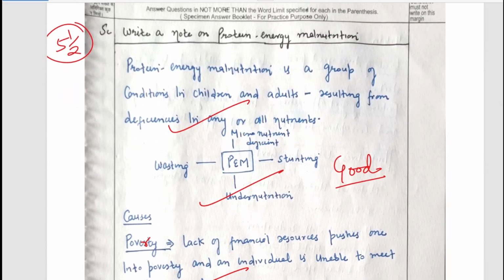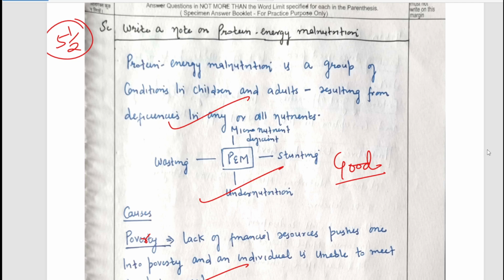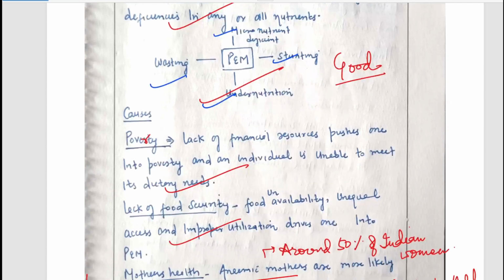The next question is: write a note on protein energy malnutrition. This has been asked previously several times, and I think you should know it. You can see how a good flowchart of protein energy malnutrition has been discussed. It leads to wasting, undernutrition, stunting, and micronutrient deficiency. Its causes have been mentioned.